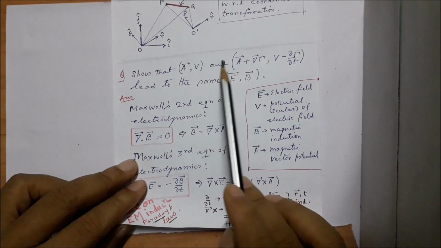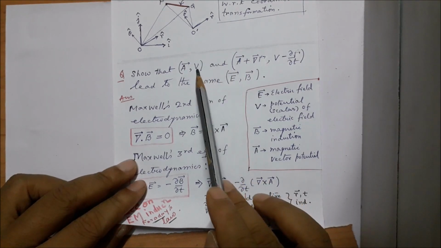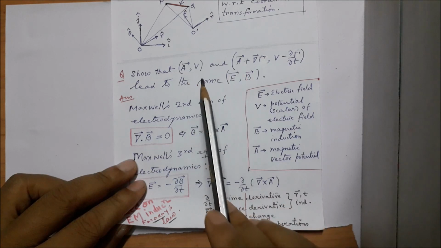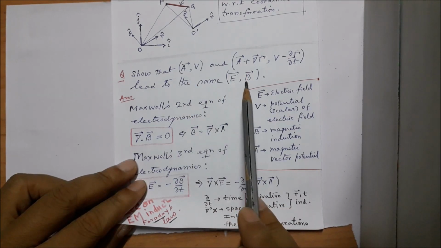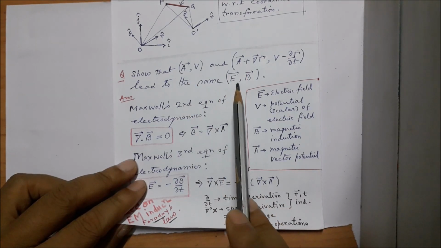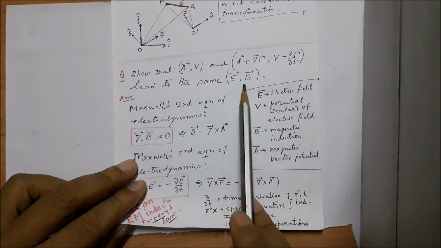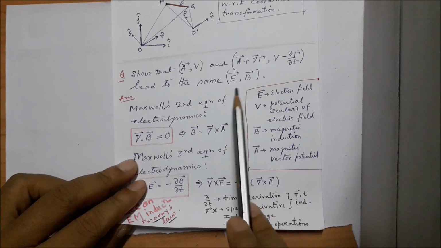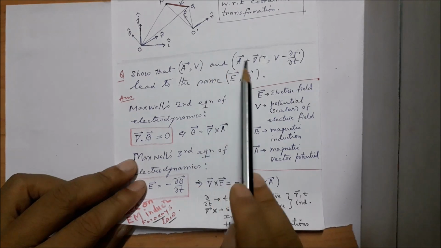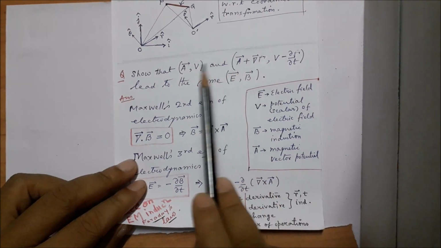In spite of this gauge transformation, if we find that the fields are the same, then we call the fields gauge invariant. That is, they do not change even if we change our set of potentials.